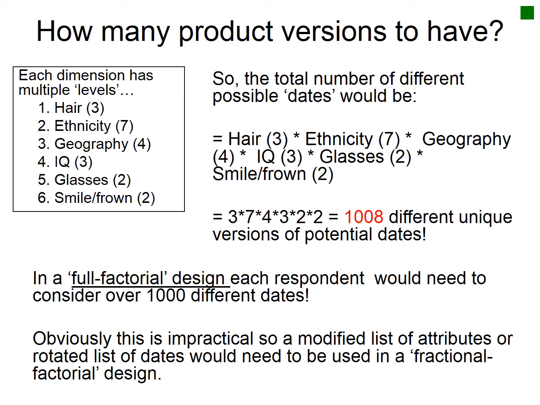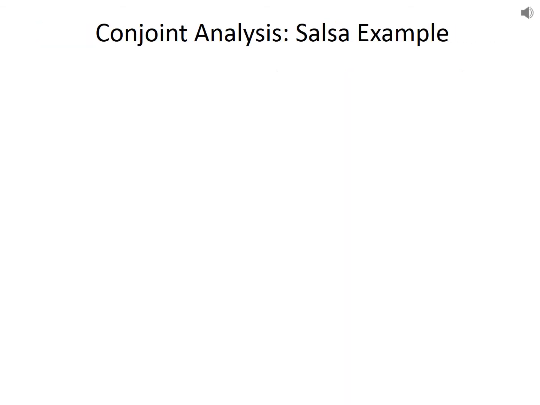And if we had a large enough sample of respondents in the study, then with enough randomness, we can still perform a conjoint analysis. So if we have a lot of features, which means a lot of different product variations, then we'll typically do what's called a fractional design, and we'll split our potential product versions up across many different respondents.